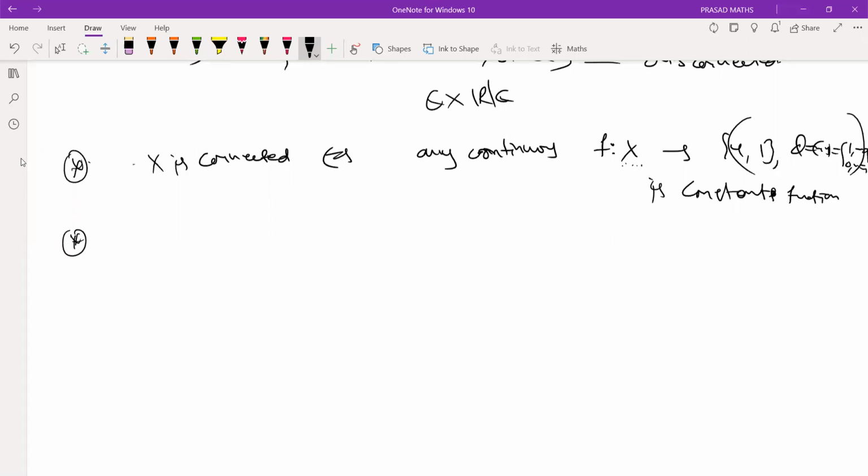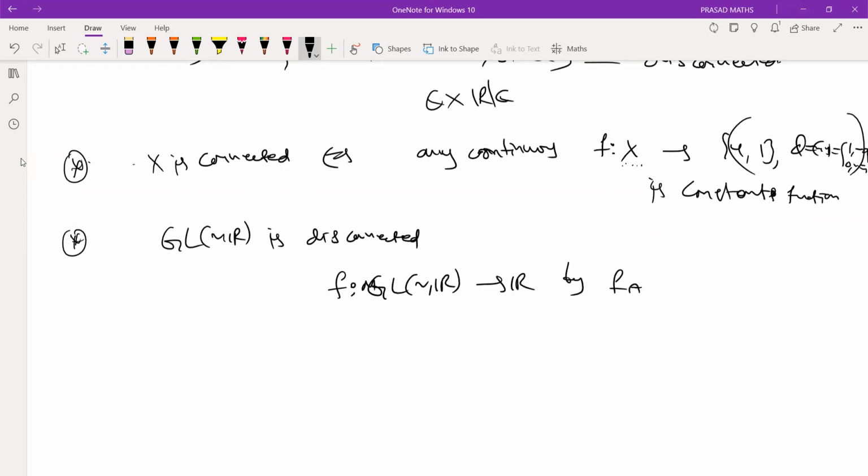Suppose you take the general linear group. Is it connected? It is disconnected. Why? I already told you, the determinant map is always disconnected: f of A equals det A. Suppose you assume the general linear group is connected.